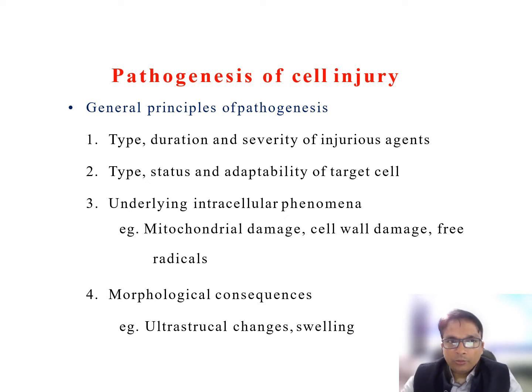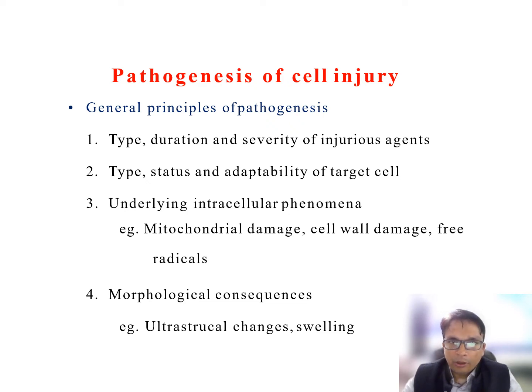It means it depends upon which particular injurious agent is responsible for causing the cellular injury, for how much time cells or tissue are exposed to the injurious agent, and how severely it causes an injury. That actually differentiates the pathogenesis of cellular injury.